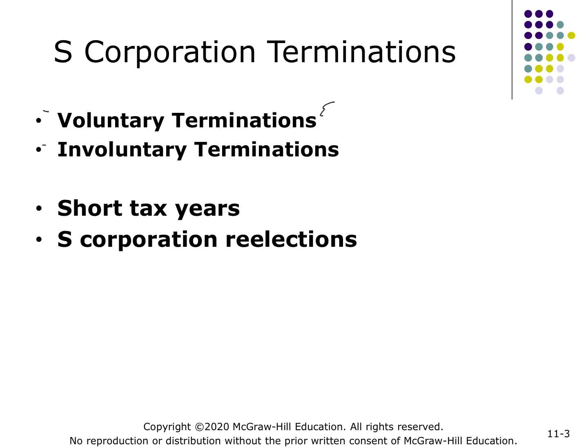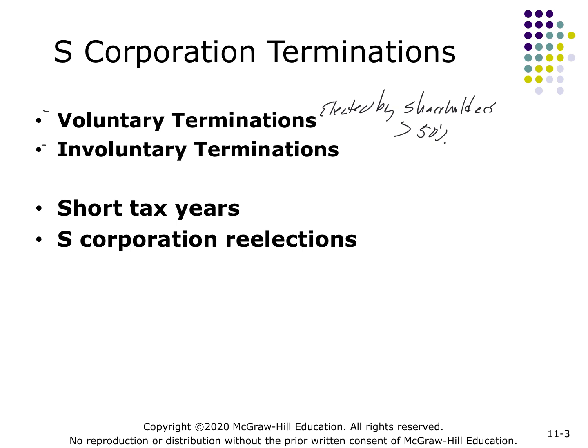This has to be elected by the shareholders, and it has to be elected by shareholders with more than 50% of the stock, okay? Now, there's also an effective date, all right?